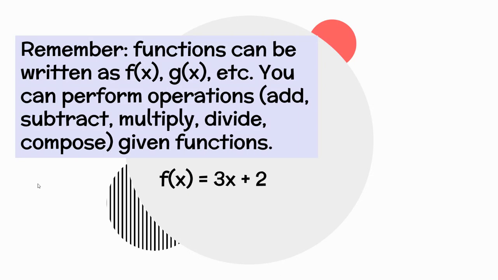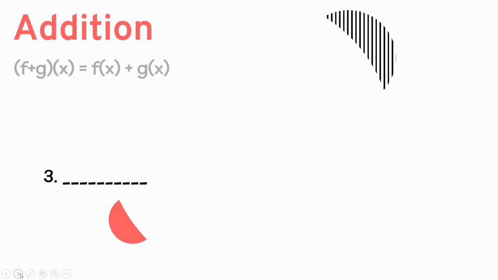So here's my example of a function that you'll be seeing. F of x equals 3x plus 2. All right, let's first look at addition. This is the easiest one. So this is the way that you will be seeing it. You'll have your open parentheses f plus g, which is going to be the name of our functions, of x.